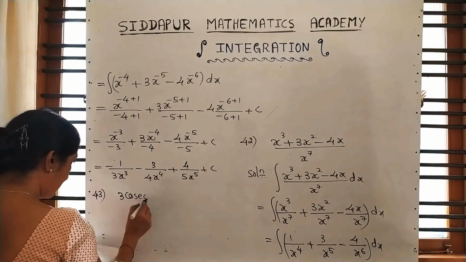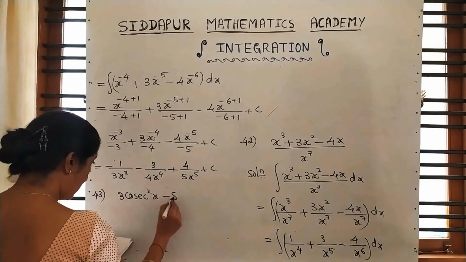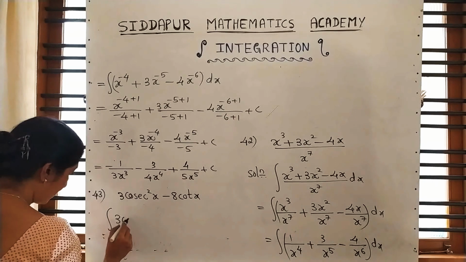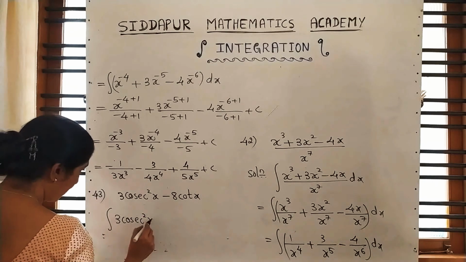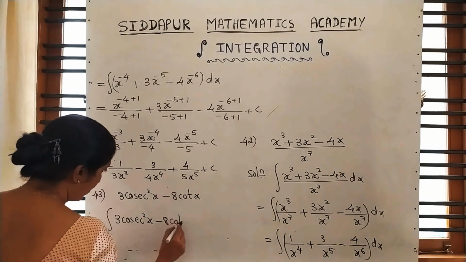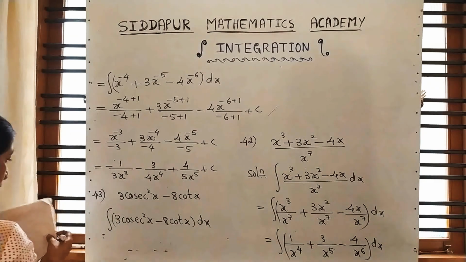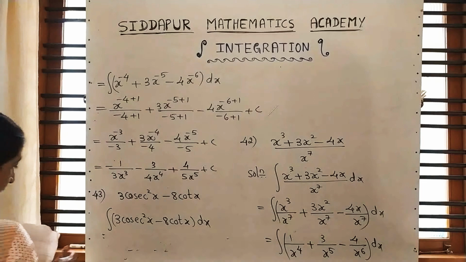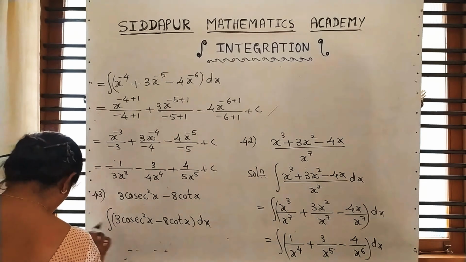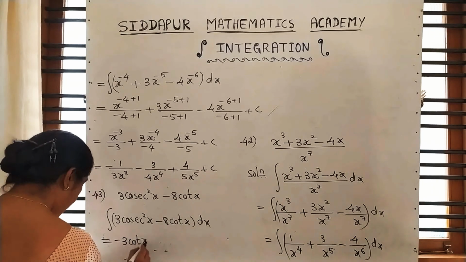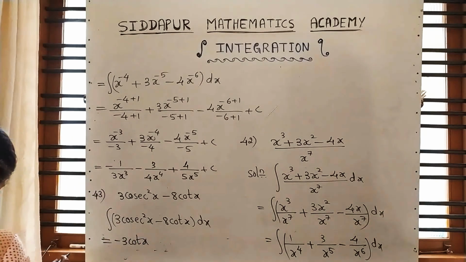3 cosecant square x minus 8 cot x. Yes. Are you familiar with the formula cosecant square? Yes. Integration of cosecant square is minus cot. That's why I am writing minus 3 cot x. And are you familiar with integration of cot x?